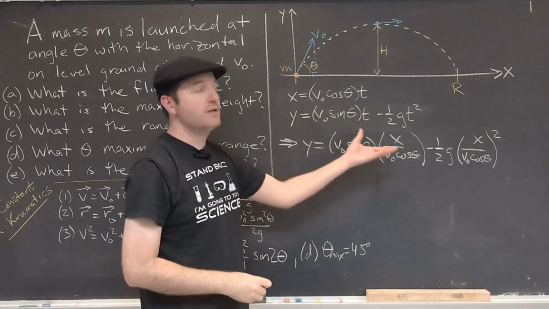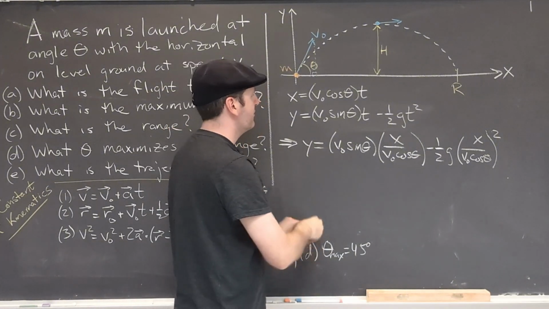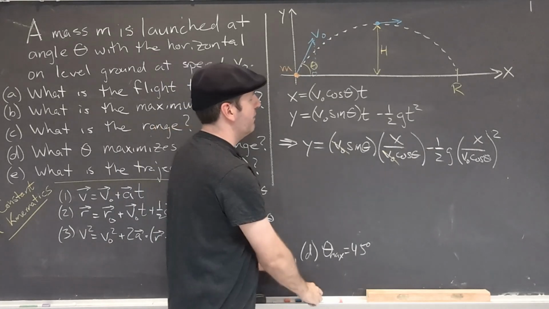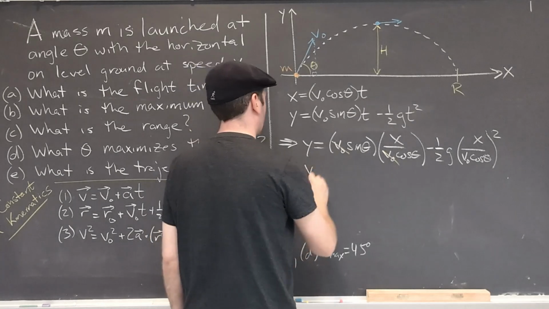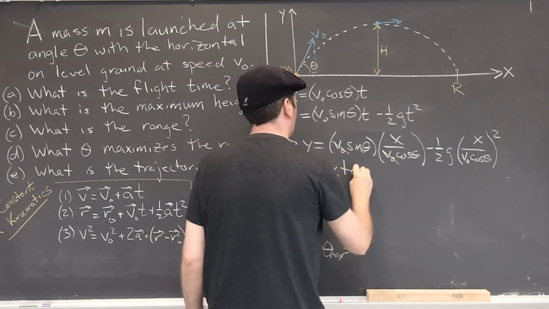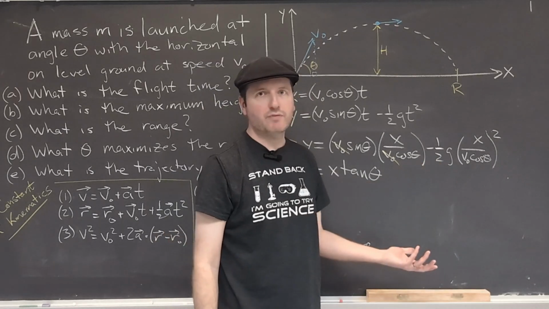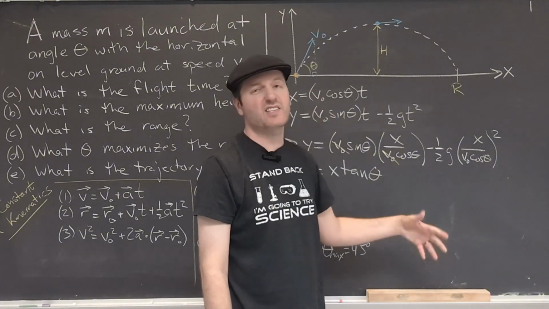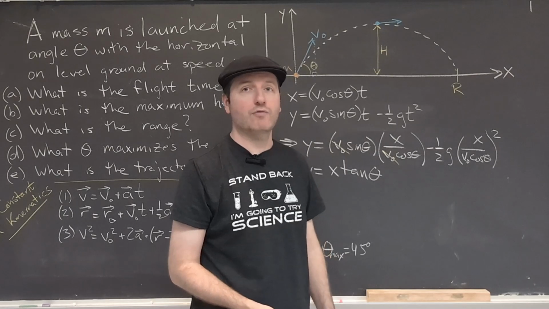Okay, we notice that there's a little bit of simplification. For instance, these 2 v naughts cancel in this fraction. And we also see that sine theta over cosine theta gives us tangent. For the second term, there's not as much simplification, but I could rewrite the cosine squared in the denominator as a secant squared, perhaps, and I'll factor out that x squared to make it look like a quadratic.